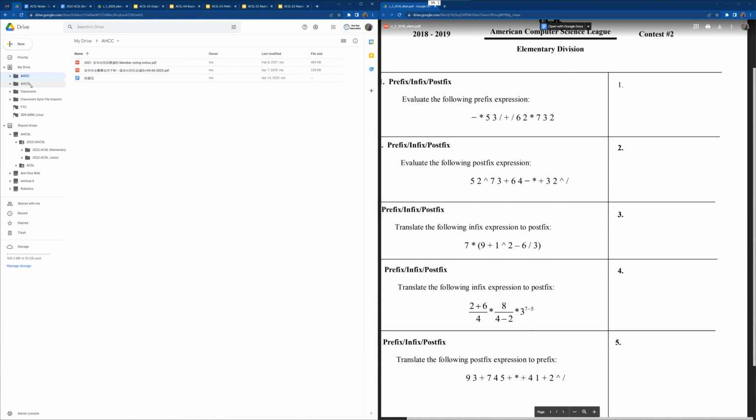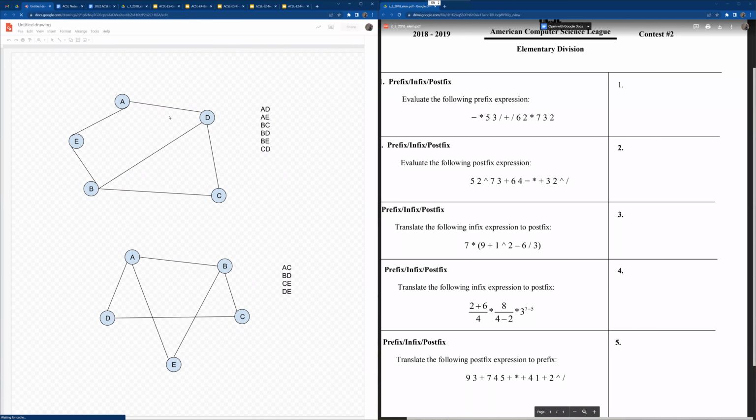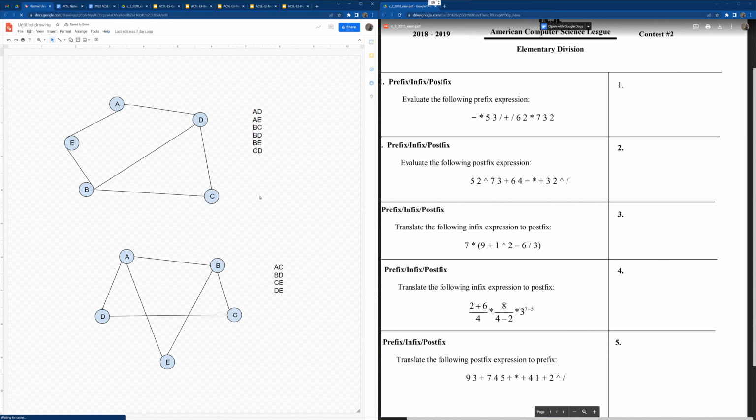Let me try to do a drawing here. If you look at this, these are connected graphs. But if I have two of these things in a graph, then these two parts are not connected. If I make this one graph, then these two parts are not connected.